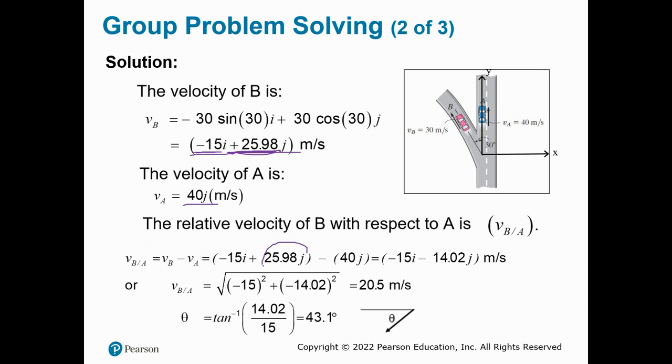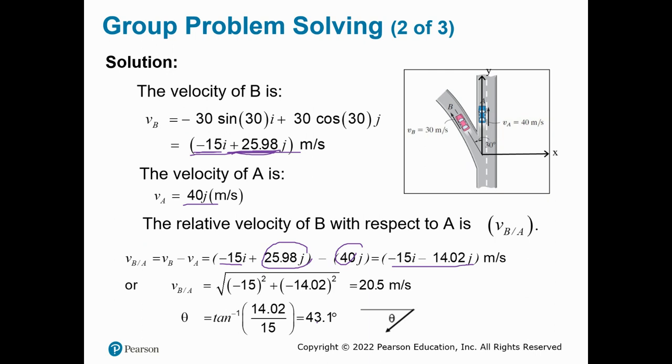I am combining the j components together, and since the negative 15 is only the i component, combining them gives me the relative velocity of B with respect to A. Using the Pythagorean theorem gives me the magnitude of the relative velocity of B with respect to A, and then using the inverse tangent gives me the actual angle of this relative velocity. Keep going.